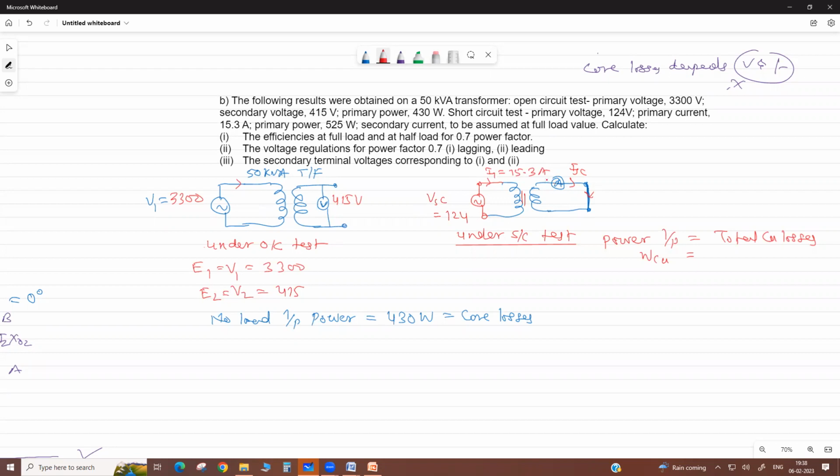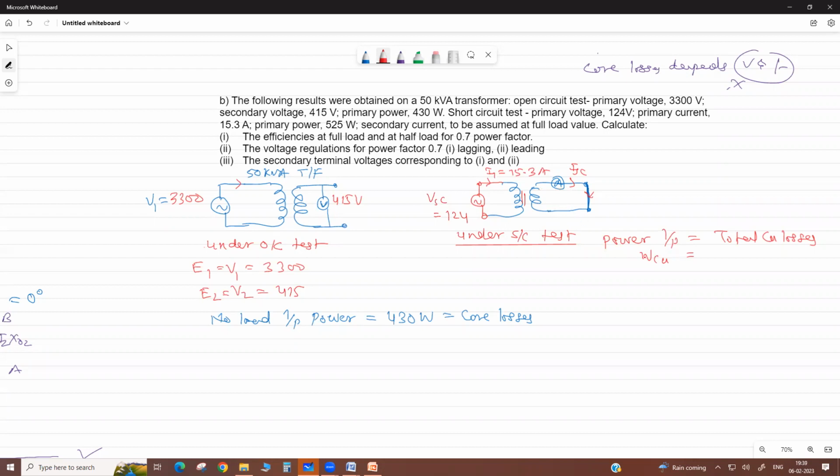So virtually we load the transformer. We create a full load situation, but there is no load on the secondary. We short the secondary and flow the full load current. When full load current is flowing, it gives the full load condition.